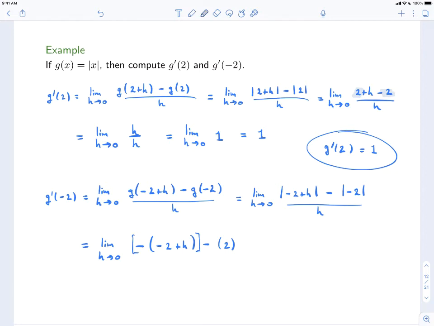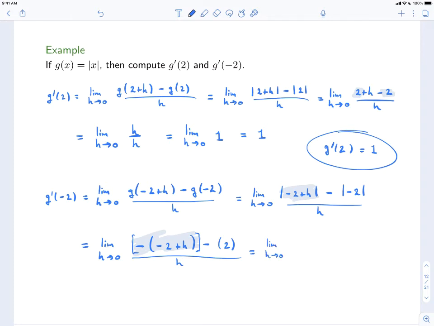So here, this quantity minus 2 plus h in absolute value, since we know that minus 2 plus h is negative, if you compute the absolute value of that, you're going to get the opposite. So that's where that minus sign comes from. Don't think of this minus sign as a minus sign, think of it as the opposite. Since minus 2 plus h is a negative number, the absolute value gives you the opposite of minus 2 plus h. And all of this, of course, is divided by h. Okay, so let's just simplify the numerator.